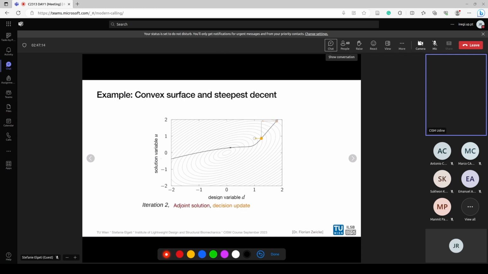We compute the gradient again to make another decision update. It brings us away from the constraint. We go back by solving the constraint equation, and as such, we continue. And after roughly 50 iterations, we're very close to the optimum.